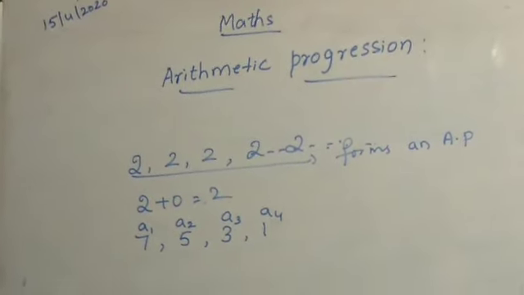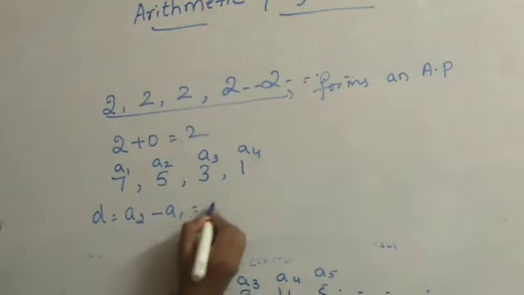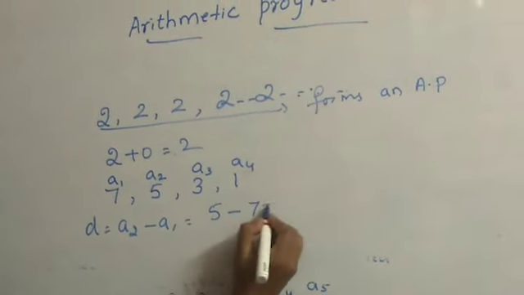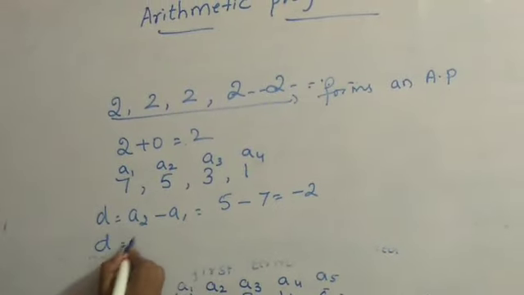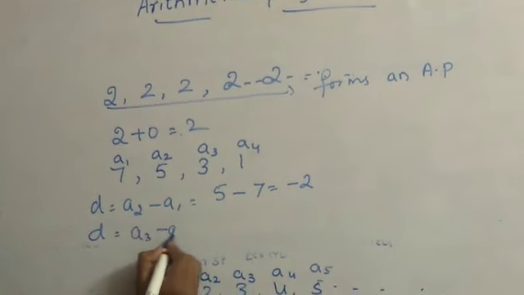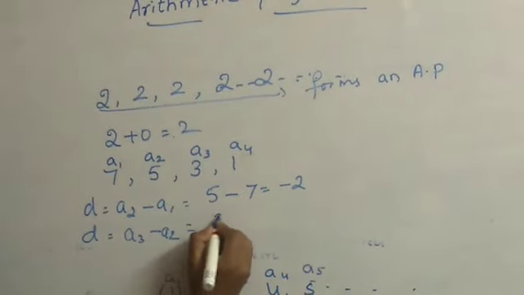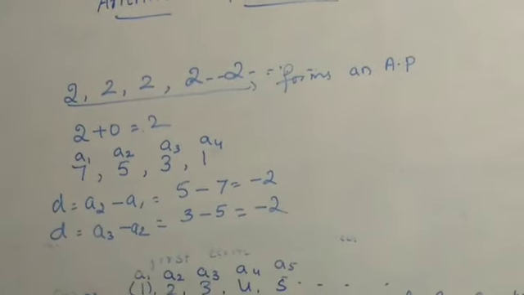How will we find out the common difference? D equals A2 minus A1. What will you get here? 5 minus 7 is minus 2. Again, A3 minus A2, that is 3 minus 5, again minus 2.